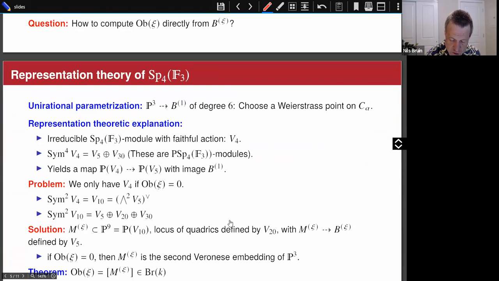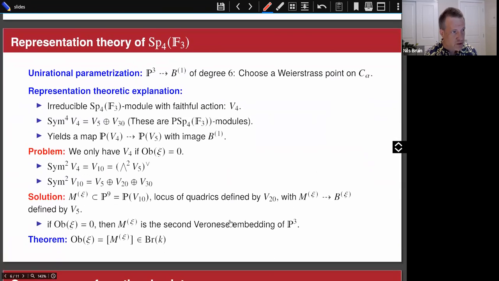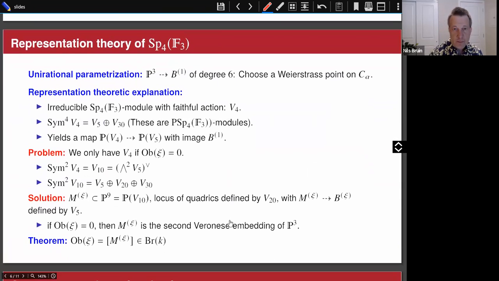So that turns out to have a fairly satisfactory explanation in terms of the representation theory of SP4F3. For that, we need to refer back to the unirational parametrization that Burkhardt admits, as I alluded to before.